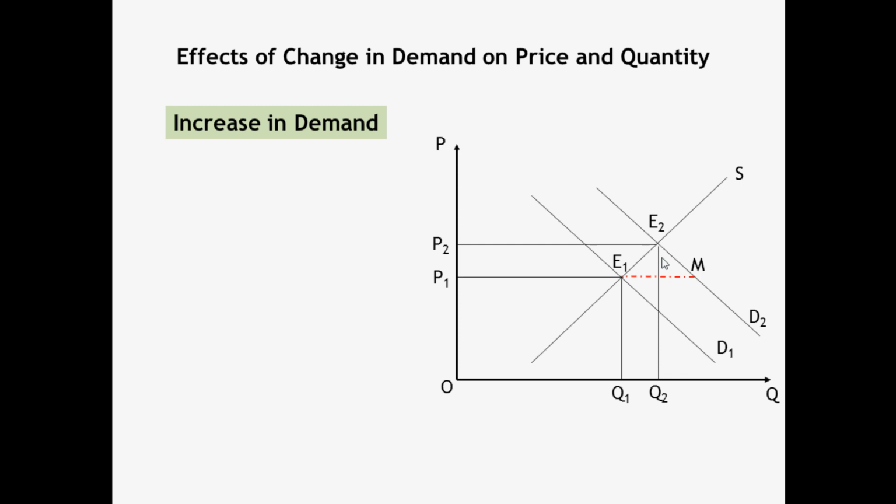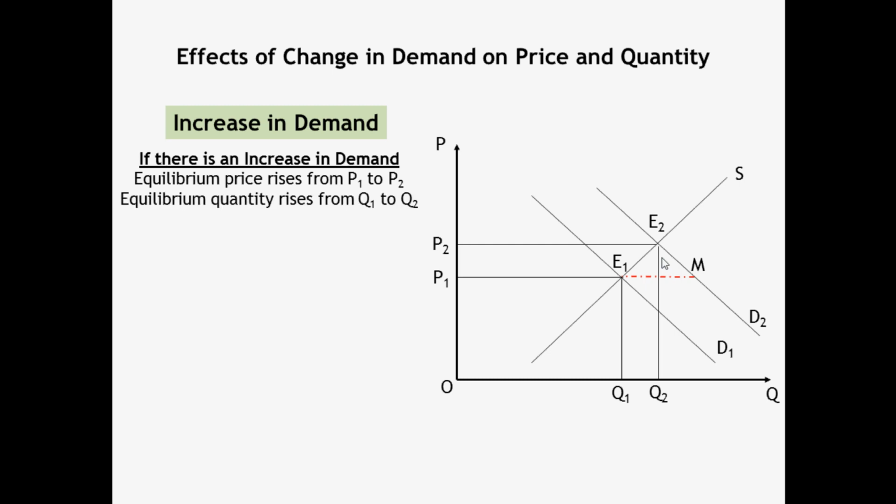Thus, due to increase in demand, we move from E1 to E2. Equilibrium price rises from OP1 to OP2 and equilibrium quantity rises from OQ1 to OQ2. Therefore, we can conclude that an increase in demand leads the equilibrium price and quantity to rise.